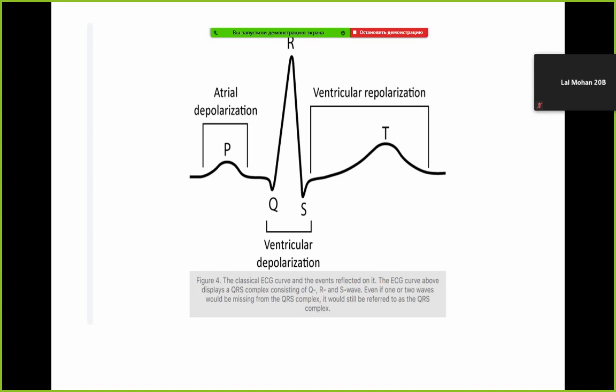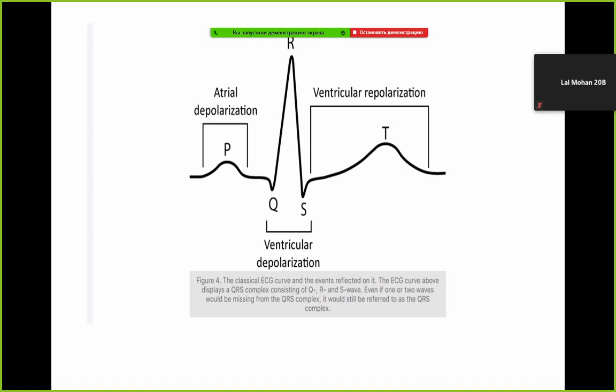The QRS complex consists of 3 waves: Q, R, and S. Differences in the direction of these waves are due to changes in the direction of the electrical impulse during ventricular depolarization. The T wave represents repolarization or relaxation of the ventricles.